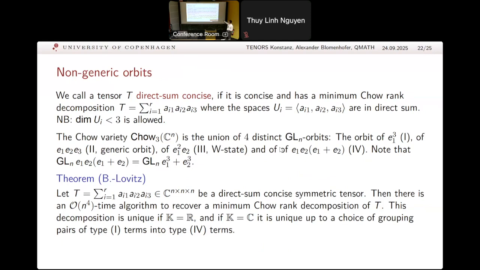So actually it's like the second secant of the 1-type orbit. And therefore, if you want a minimal Joe rank decomposition in that case over the GLN, E1 cube plus E2 cube, you have to be a bit careful because it's only unique up to grouping of these symmetric rank 1 factors into pairs.